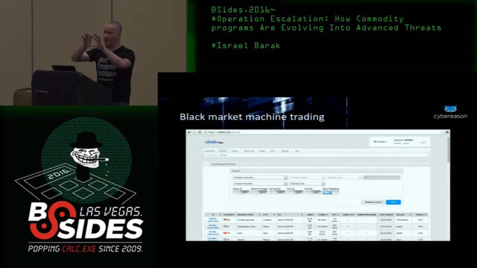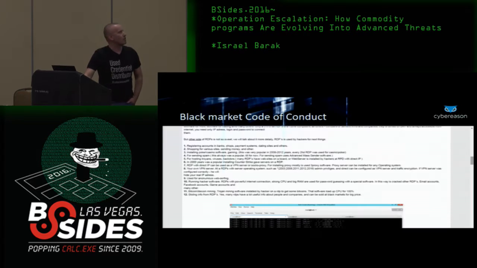The idea, again, is to understand the state of mind, understand the TTPs, the methods of operation. That will help us at the end to figure out how we can detect these processes happening in an enterprise environment. So let's look at a few words of wisdom.